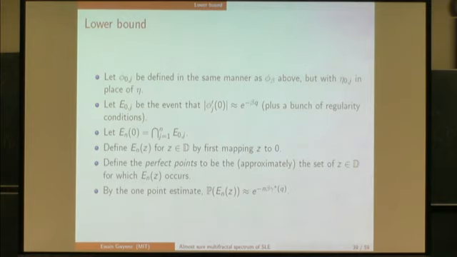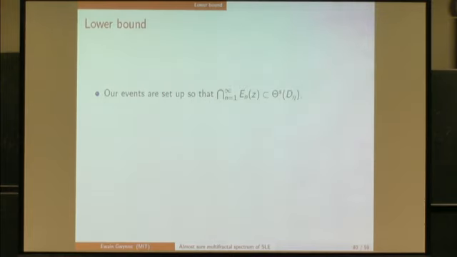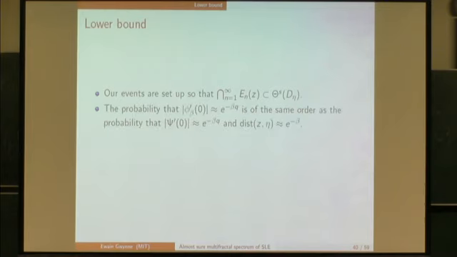First of all, we can use the 1-point estimate. Let's say more on this in a second. We set up the events and define the regularity conditions on them in such a way that the intersection of these events En of z is contained in the event that z is in the set. So if En of z occurs for every stage, then z will be contained in the multifractal spectrum set.